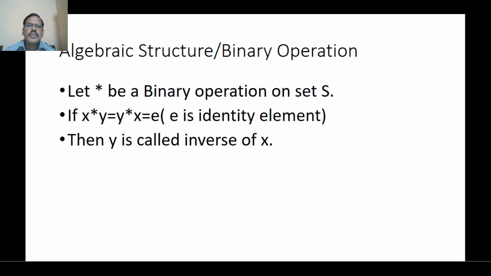So minus 5 is called the inverse of 5, minus 10 is the inverse of 10, minus 20 is the inverse of 20 under addition. If we take 5 into 1 by 5, 10 into 1 by 10, 20 into 1 by 20, 2 by 3 into 3 by 2 is equal to 1. So 1 by 10 is the inverse of 10, 1 by 20 is the inverse of 20, 3 by 2 is the inverse of 2 by 3 under multiplication.